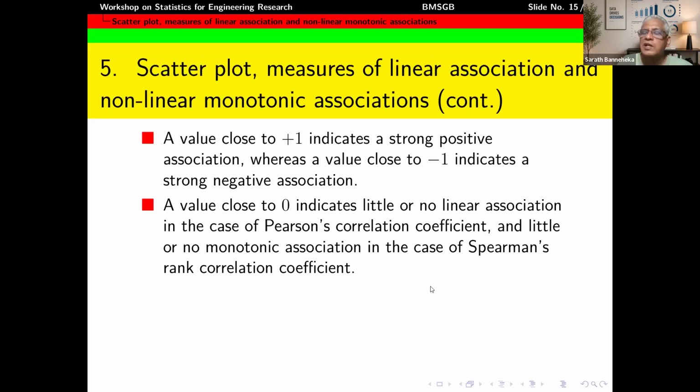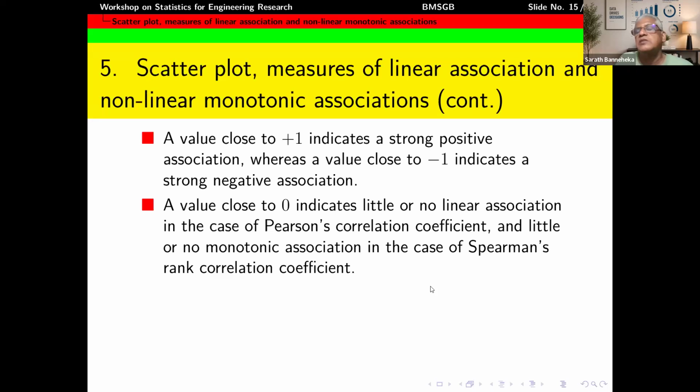We will talk a little later about how to decide the actual relationship in the population based on the sample correlation coefficient. That is something different. That is called inference, making inference about the population correlation coefficient based on the sample correlation. Therefore, usually we carry out some hypothesis testing and so on.